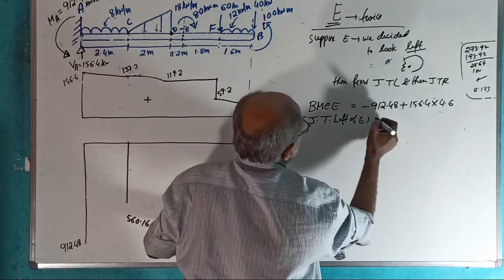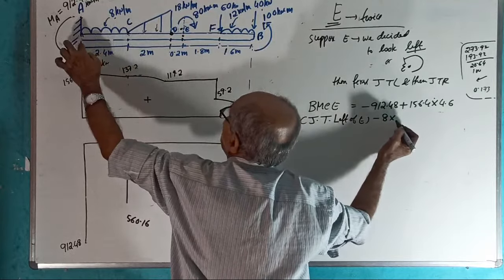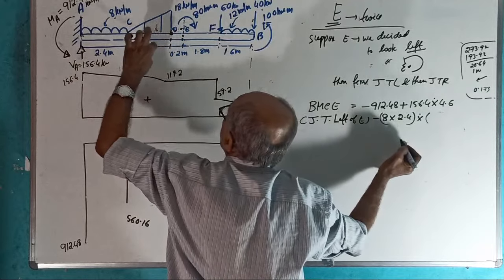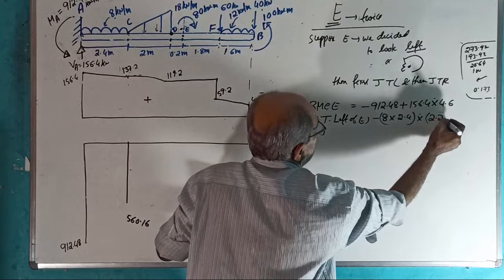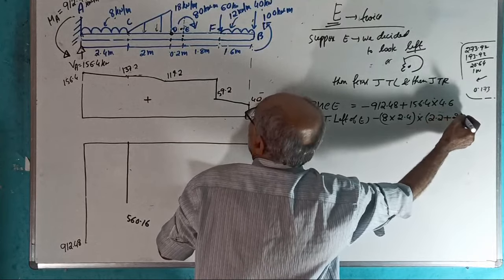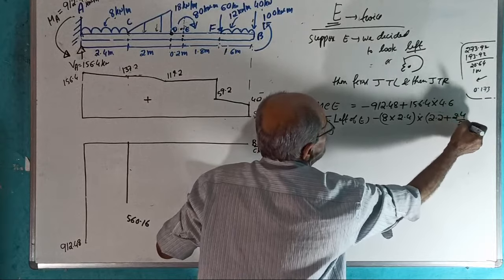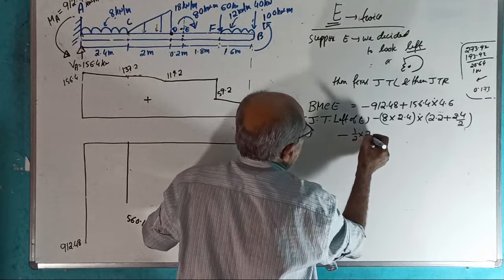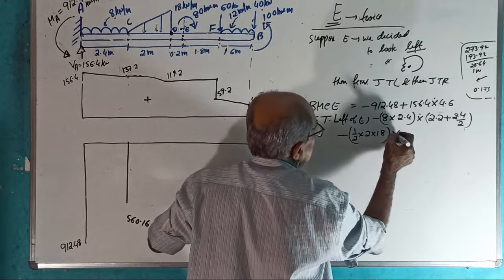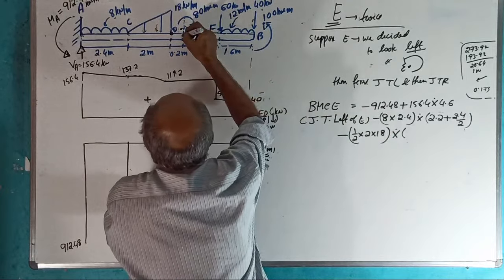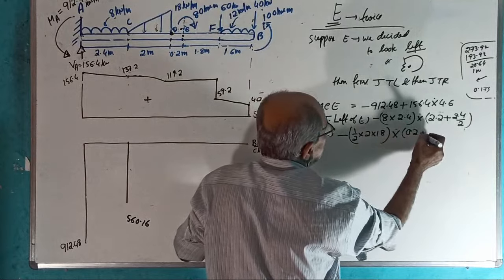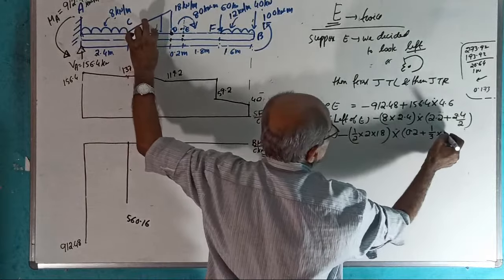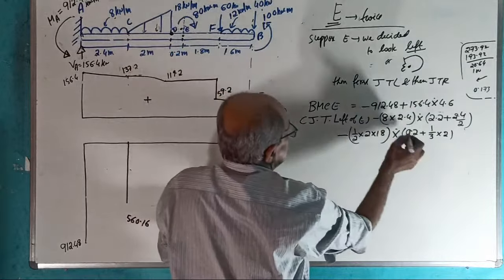Then minus 8 into how much? 2.4 is the load into 0.2 plus 2 is 2.2. 2.2 plus another 2 by 2, another 2.4 by 2, minus half into 2 into 18. Half into 2 into 18 is the total load into about this point 0.2 plus 0.2 plus 1 by 3 of what? 2. Why 1 by 3 of 2? Resultant load passes here. That's all.